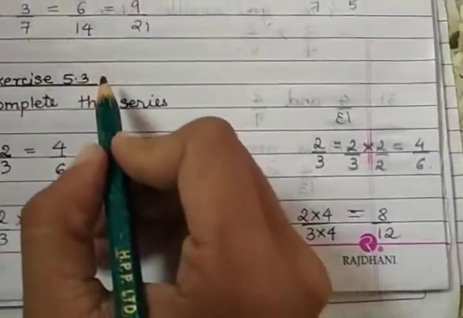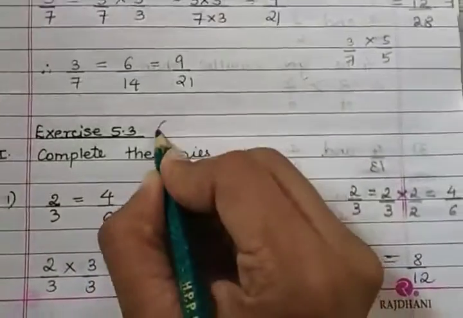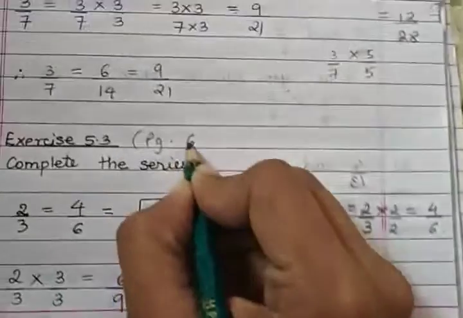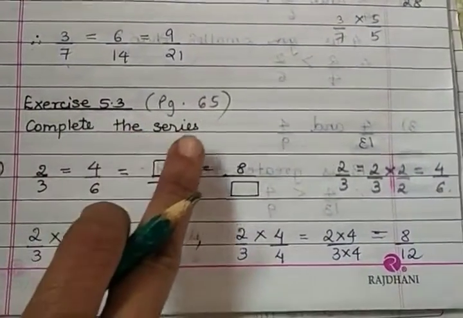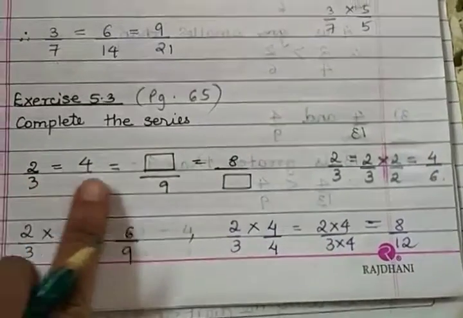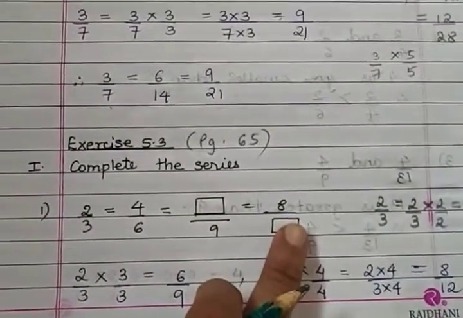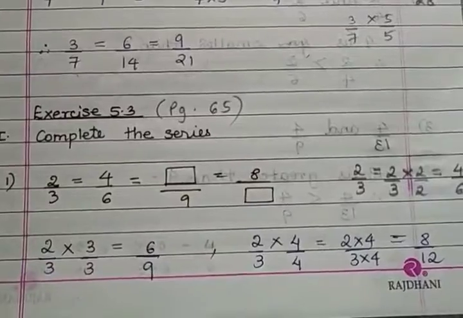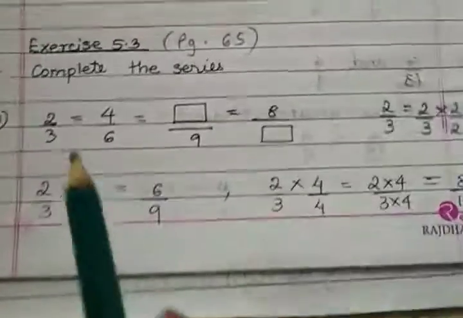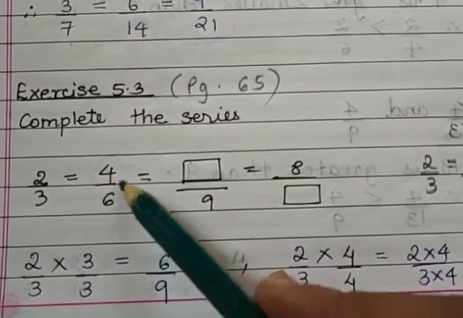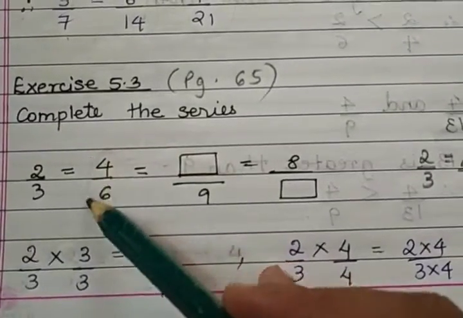This is taken from exercise 5.3, page number 65. The first one is complete the series. So you are given a series of equivalent fractions here and you have to complete this series. Now if you look at this particular equivalent fraction, how have you got this?